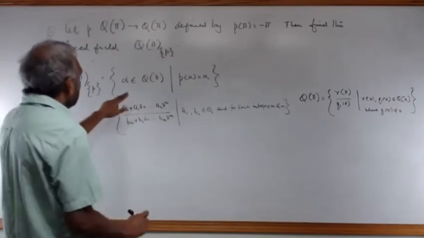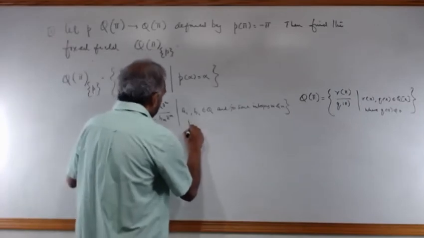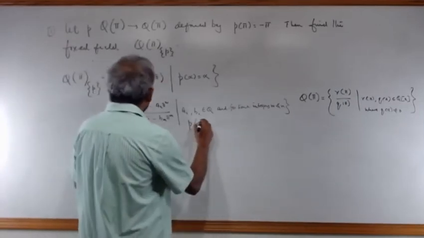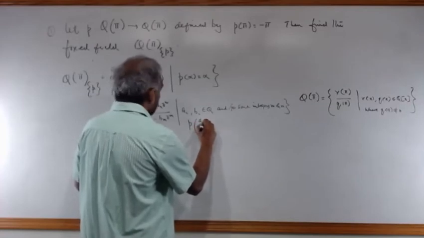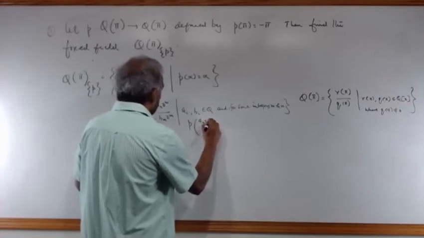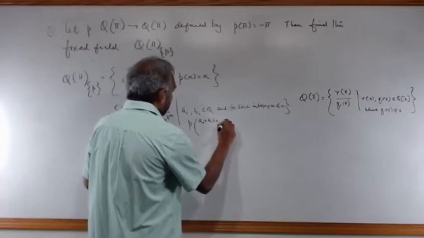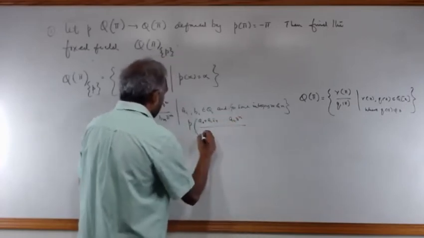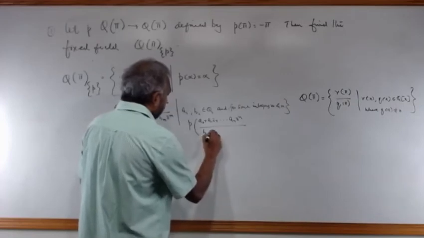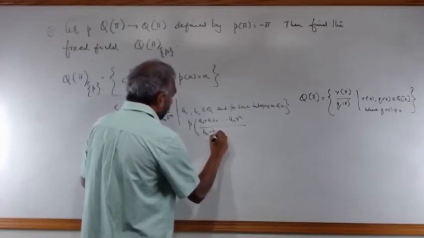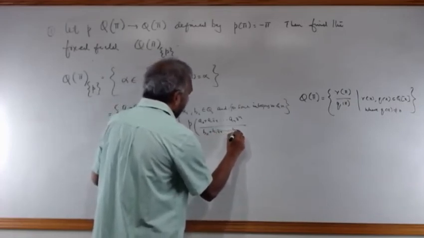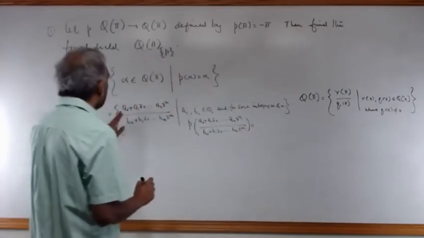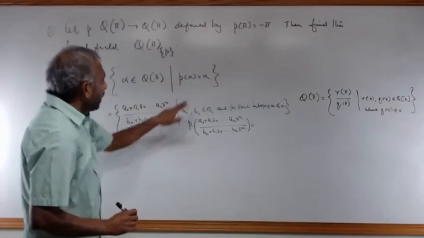Well, where P of a0 plus a1 pi plus dash dash an pi to the power of n divided by b0 plus b1 pi plus dash dash bm pi to the power of m is equal to P of alpha is equal to alpha.